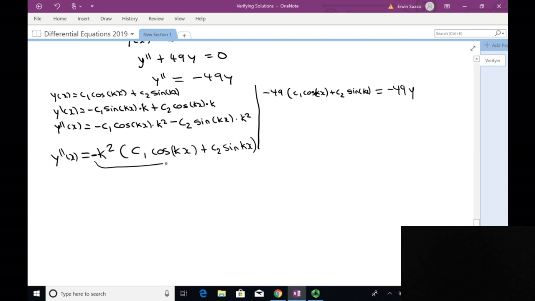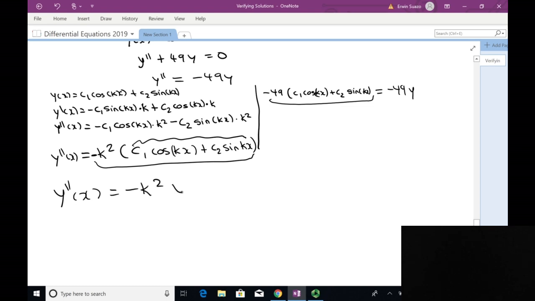How can I make these two look the same? What is this guy? You recognize this guy? That's y. So I can make it y double prime of x equals minus k squared y. And on the other side I have minus 49y.